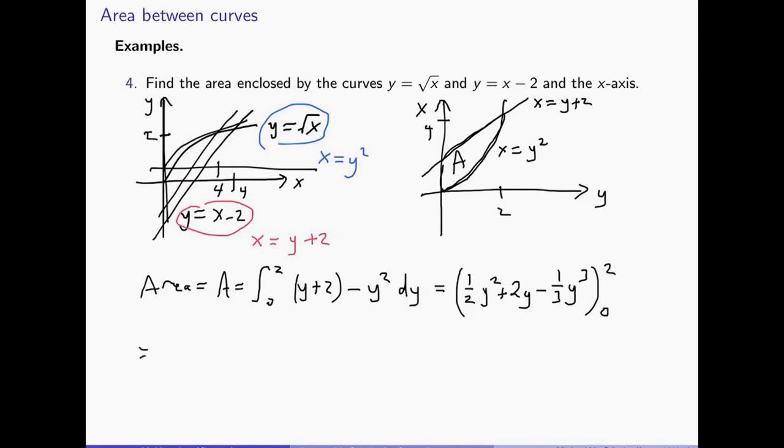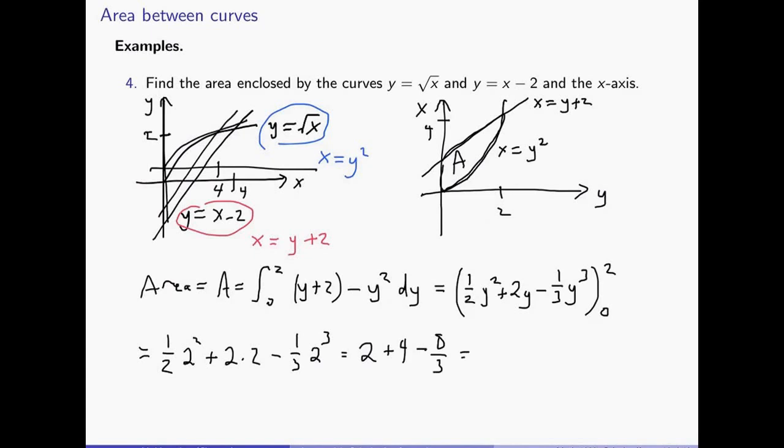So this is 1/2 times 2 squared plus 2 times 2 minus 1/3 times 2 cubed. So this is 2 plus 4 minus 8 thirds.